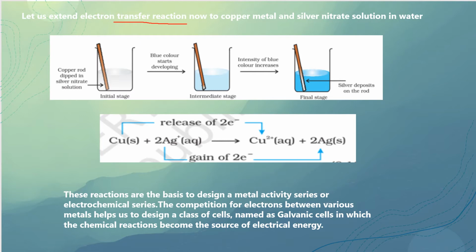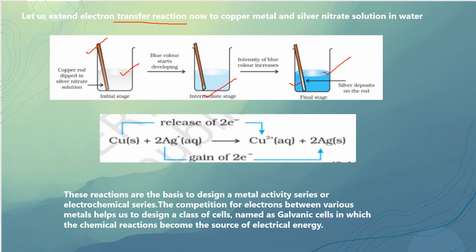Why? Because copper rod is kept here and silver nitrate solution is taken, and finally you will see the blue color is developing, and in the final stage silver is depositing on the rod, and I'm getting absolutely clear blue color in the solution because it is a solution of copper ion now. Because silver is less reactive than copper, so copper has displaced silver.